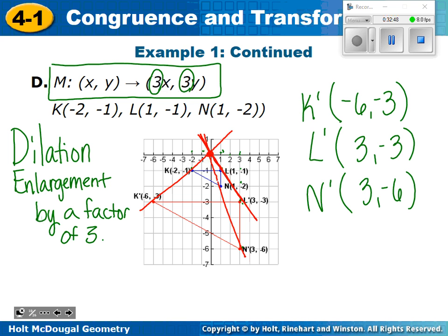Wherever those 3 lines intersect will be the center of your dilation. We already know it's the origin because they gave us a rule. If they hadn't given us a rule, it may not be the origin, and you may have to find where it is. It will always give you where the center is. You just can't write a rule unless your center is the origin, or unless you did what Javi said and translate it first to the origin and then do it.